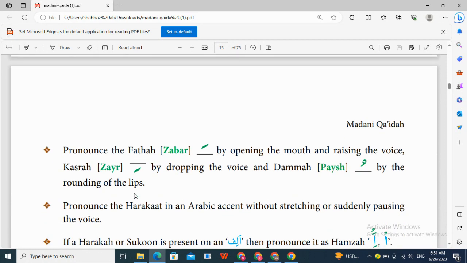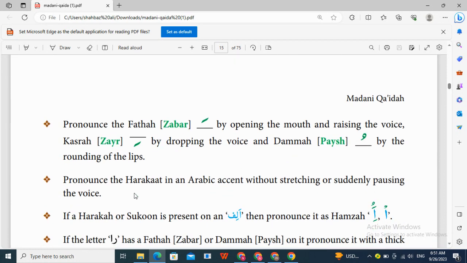And the third point: how we pronounce the harakat. Before that, the other name of zabar is fatha, zer is kasra, and pesh is damma.